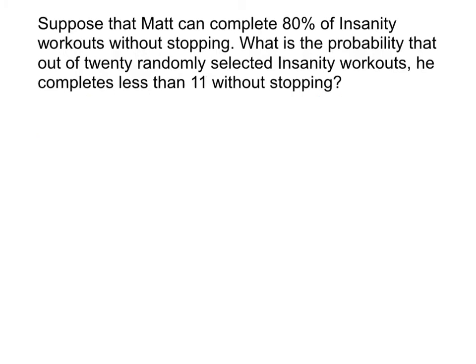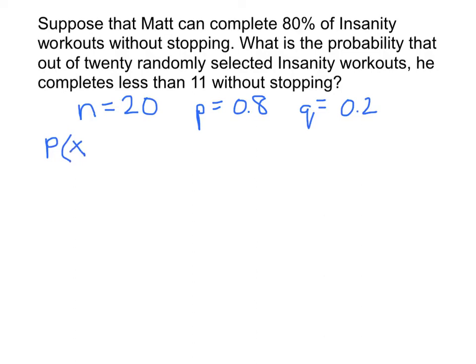So again, now we want the probability that out of 20 workouts, Matt completes less than 11. I've got my same probabilities of success and failure, and I'm looking for the probability that the number of successes is less than 11.